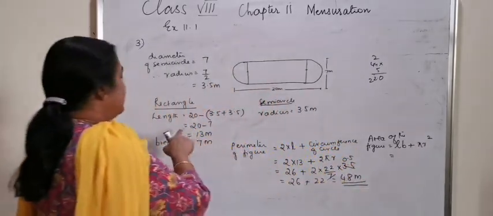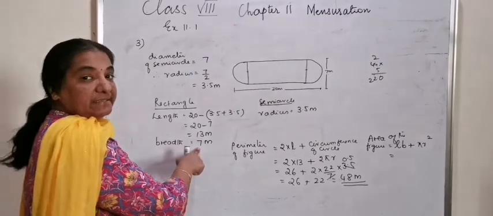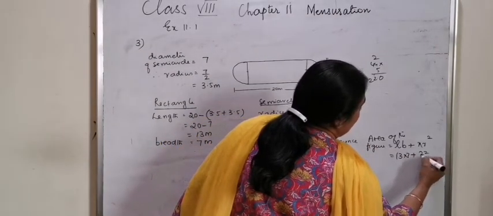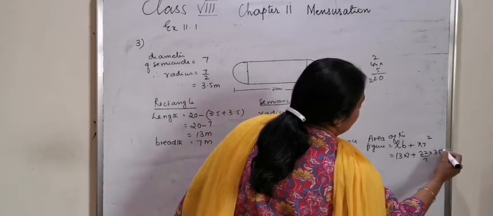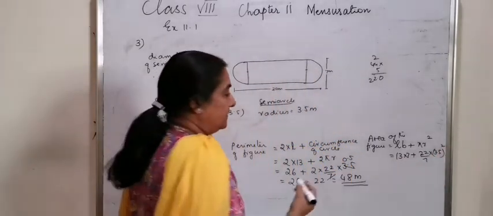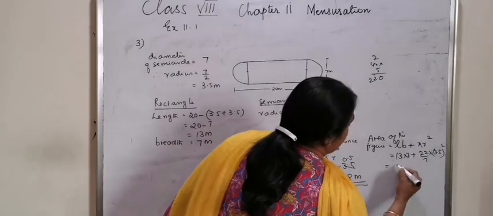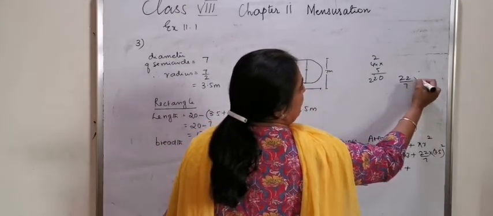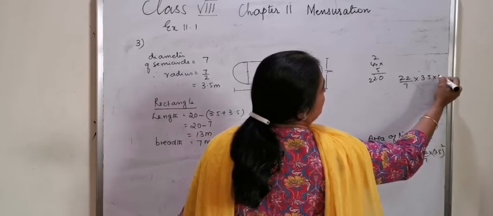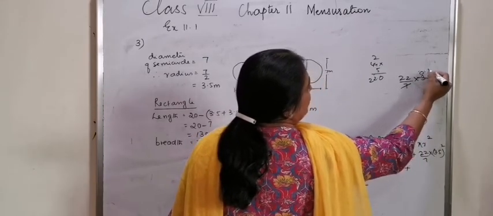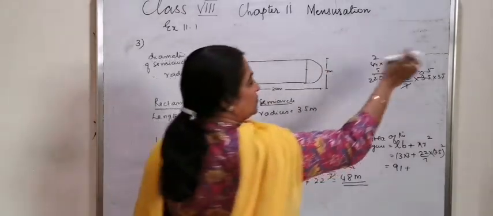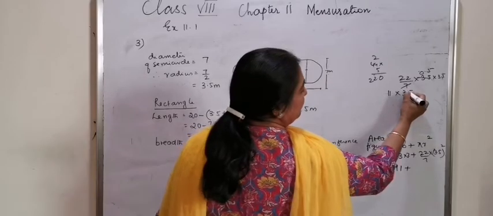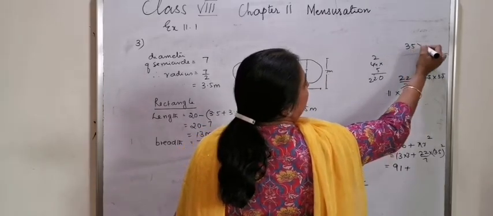Length of the rectangle is 13, breadth is 7. 13 into 7 plus 22 by 7 into 3.5 the whole square, that is 7 3s are 21, 91 plus 22 by 7 into 3.5 into 3.5, 22 into 0.5 is 11 into 3.5, 35 into 11.